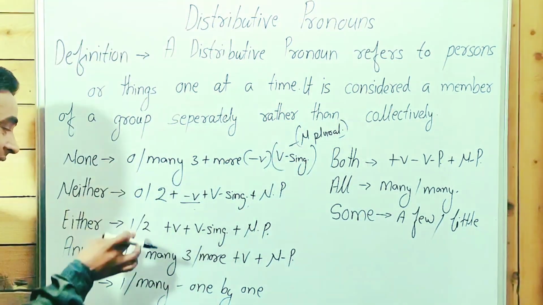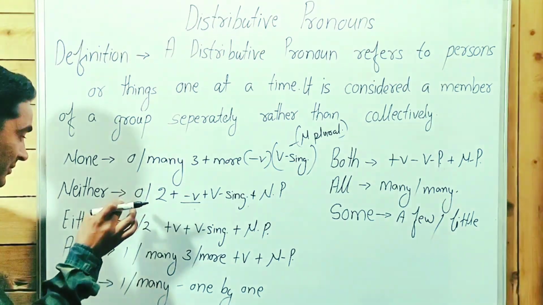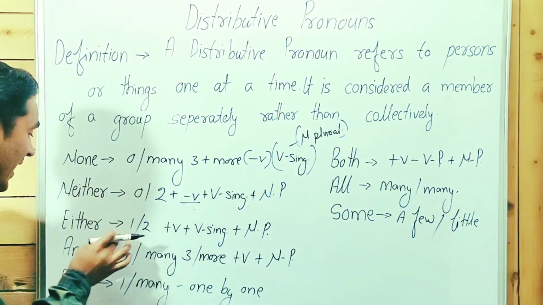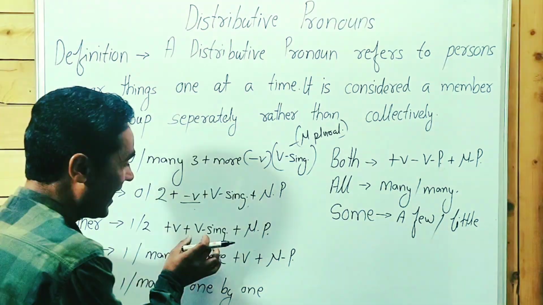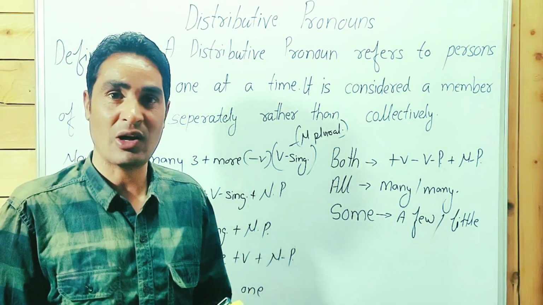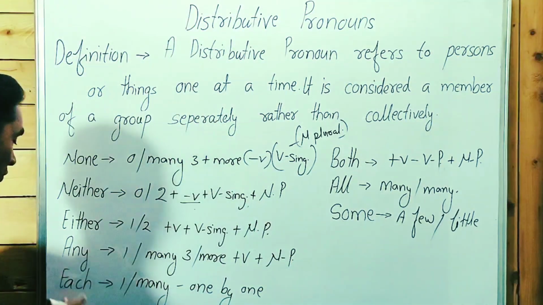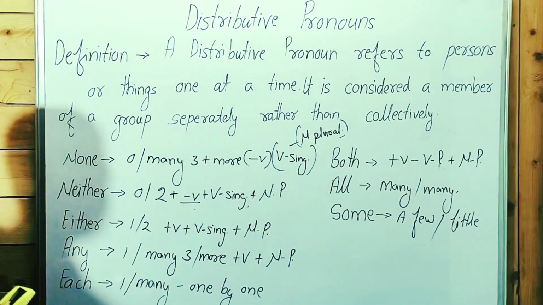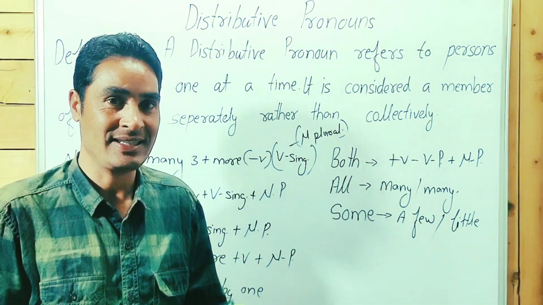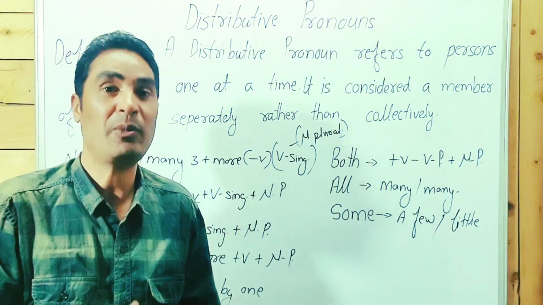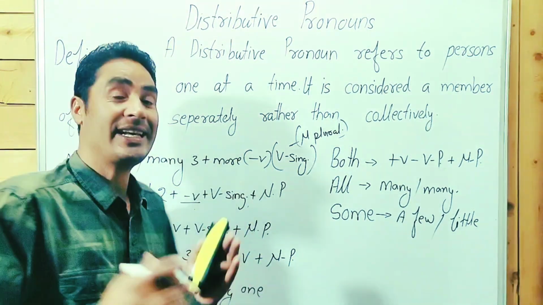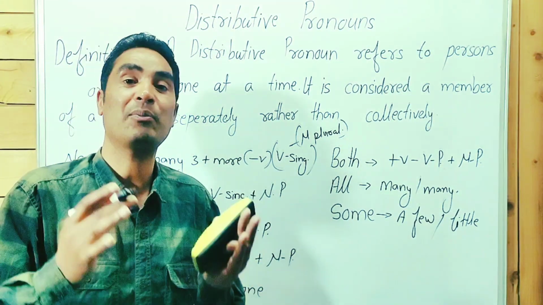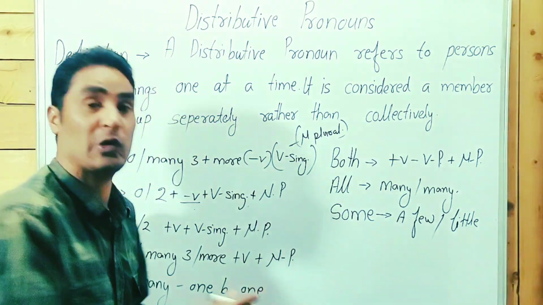Neither, negative sense, 0 out of 2, and either 1 out of 2 for positive sense, and it always takes a singular verb and plural noun. When we talk about any, it stands for 1 out of many, 3 or more people and things in the positive sense, and it takes a singular verb and plural noun.